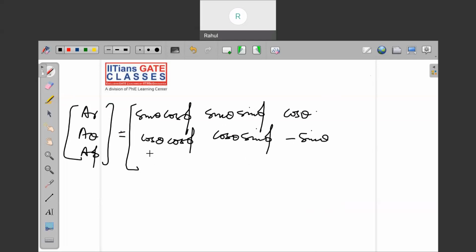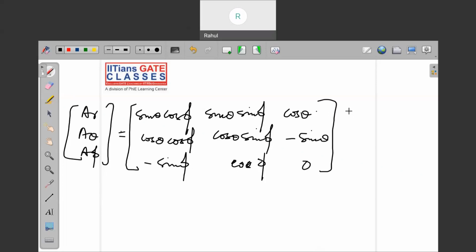Now differentiate with respect to phi and leave theta. Forget about this cos theta, right? So it will give you minus sine phi, and it will give you cos phi. Just a trick to remember cos phi, and this will give you 0 because there is no phi term, understand?